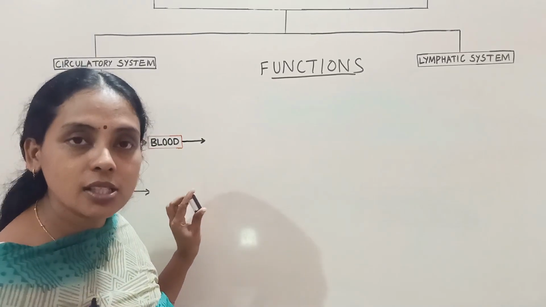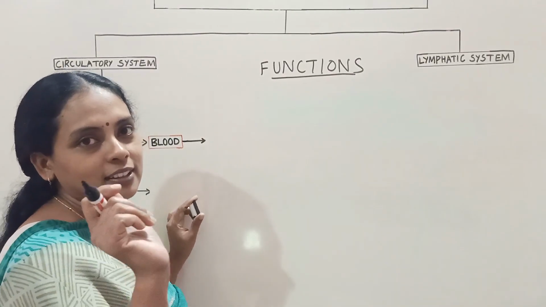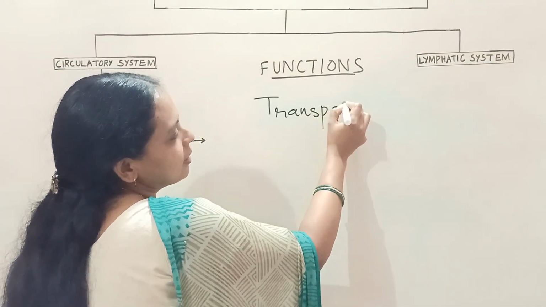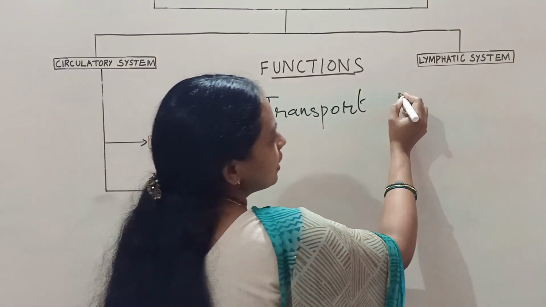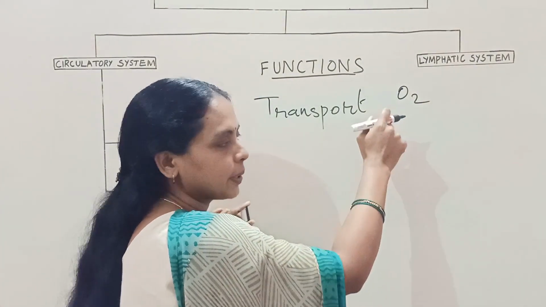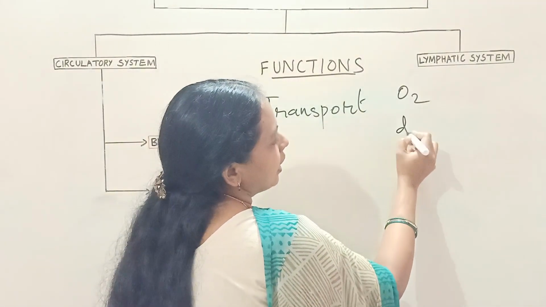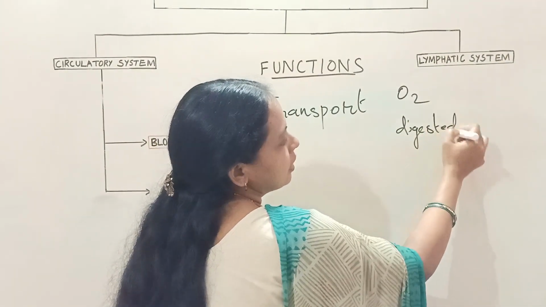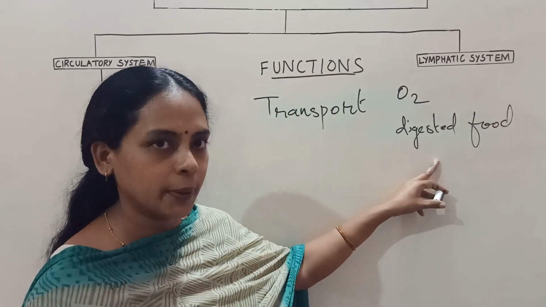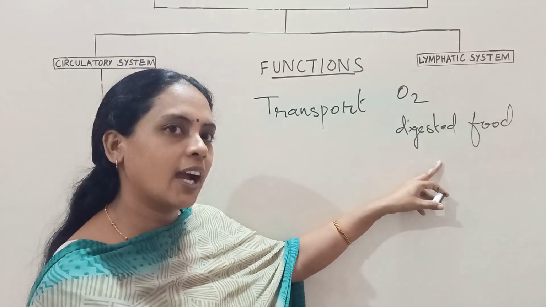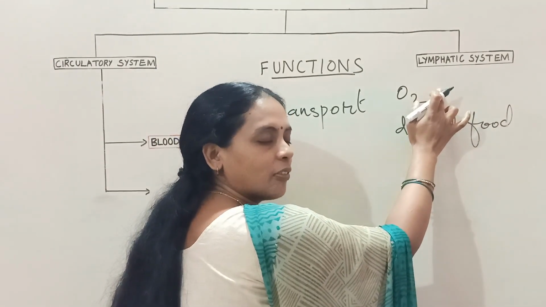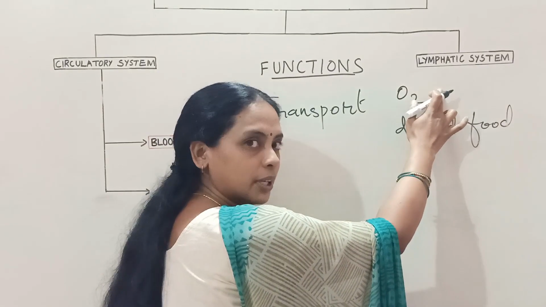Now we'll see what the functions of blood are. Tell me. Blood transports, yes, oxygen from the lungs to different parts of our body. Then digested food from the small intestine to different parts of our body. Then after respiration, cells expel carbon dioxide.